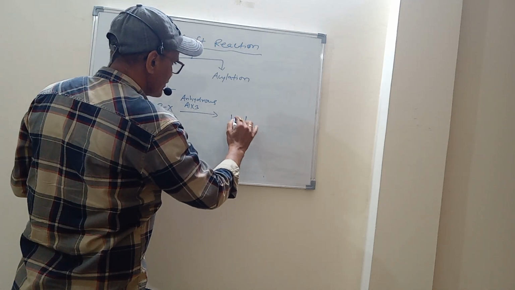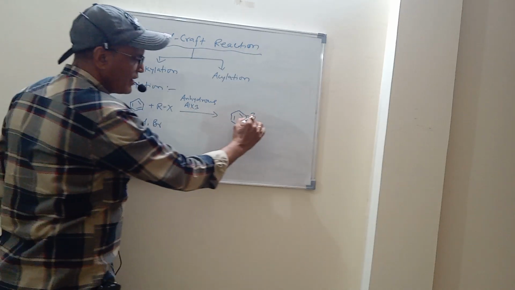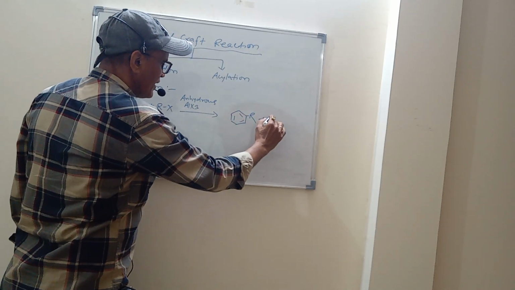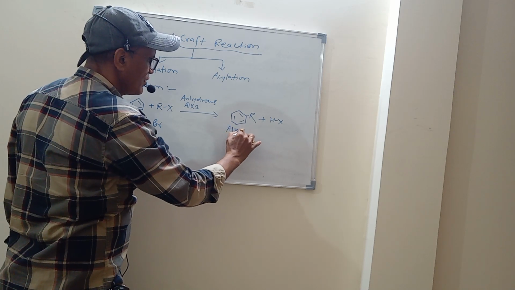So in this case, we are getting alkyl benzene and HX as byproduct. Alkyl benzene will be the product here.